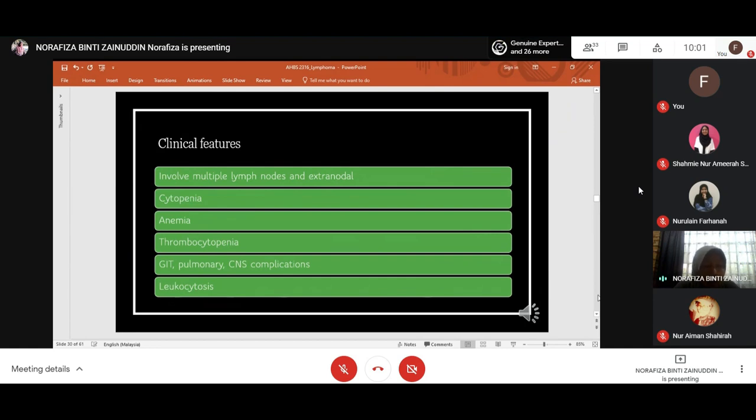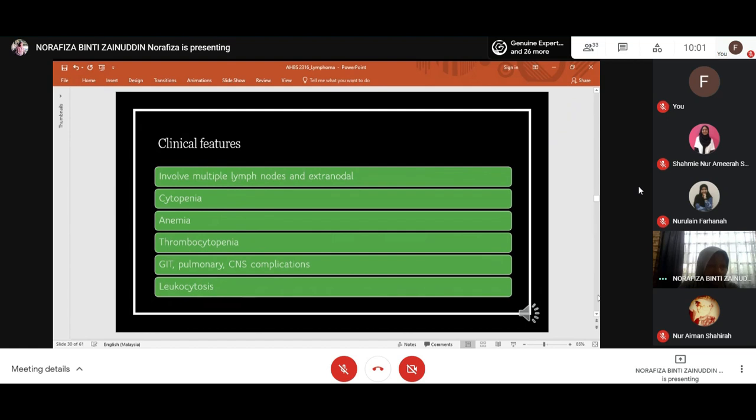They have abdominal pain or bloating, feeling of fullness, discomfort. Commonly seen complications are low blood count or cytopenias, right? And GIT, pulmonary and also CNS complications. Multiple small intestine polyps can also be detected in patients with MCL.